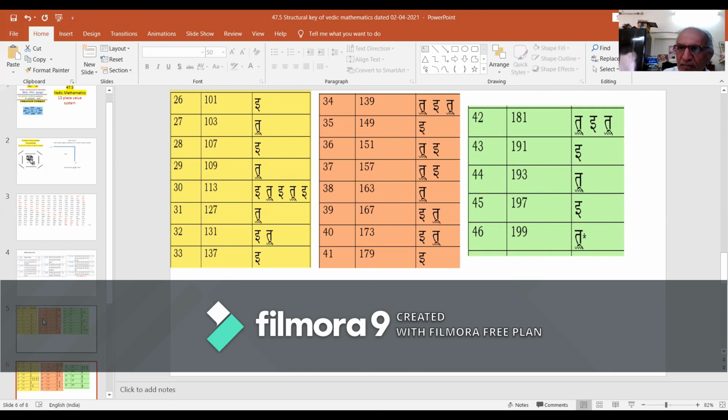To sum up, to be parallel with Vedic systems, Vedic mathematics, Vedic sciences, and Vedic technologies, we have to have a smooth transition from the 10 place value system to the 13 place value system. Thank you very much.